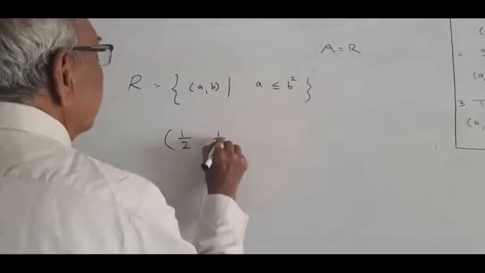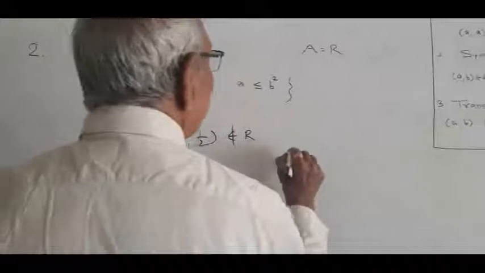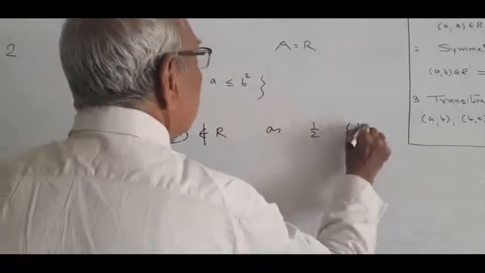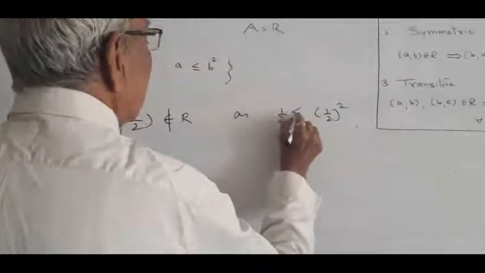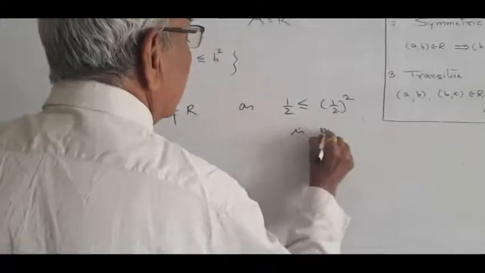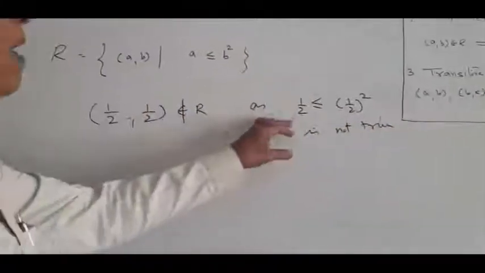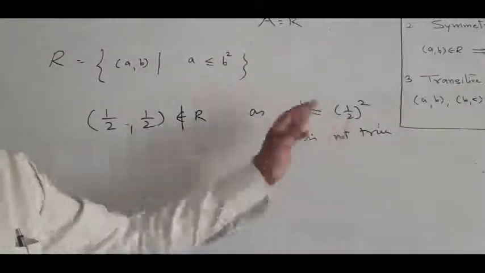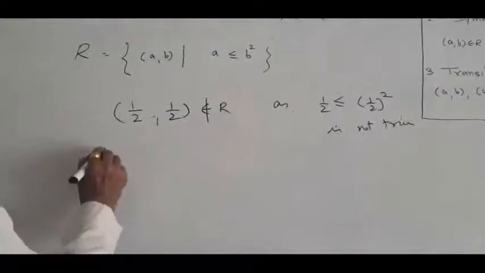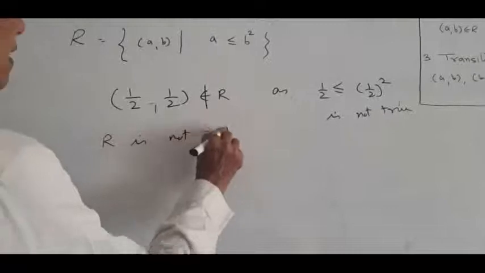1 by 2 does not belong to R. Why? 1 by 2 is not less than or equal to its square. Here 1 by 2 square is 1 by 4, and 1 by 2 is greater than 1 by 4. Therefore, this relation is not reflexive.